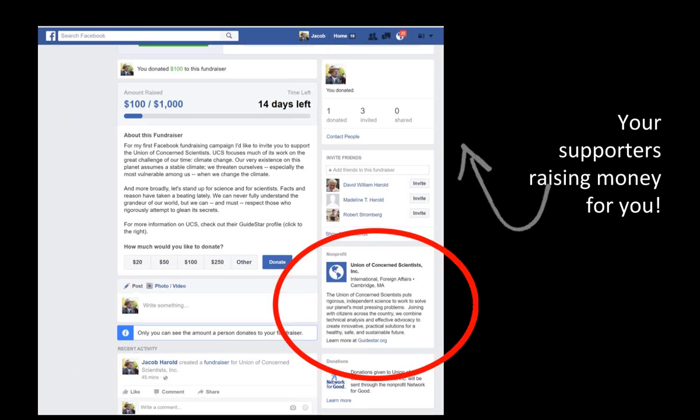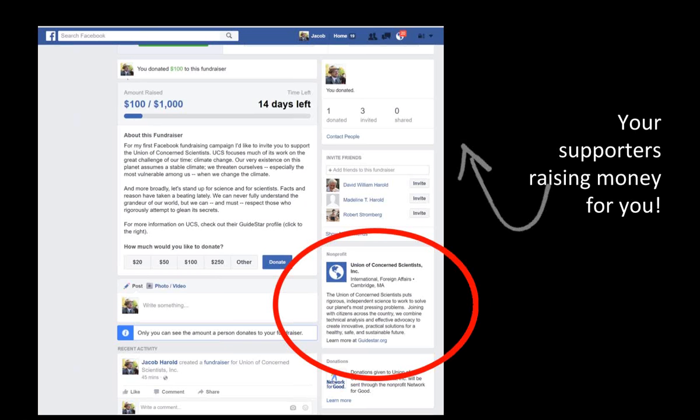They connect with their peers and spread the word. This is a screenshot of a Facebook online campaign, and they are raising money specifically for the Union of Concerned Scientists. This is an individual who's running this campaign, and that's really powerful.